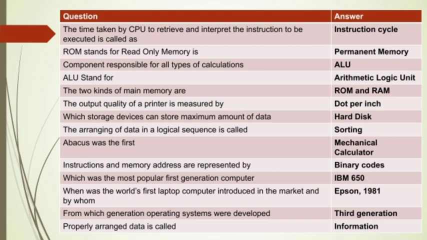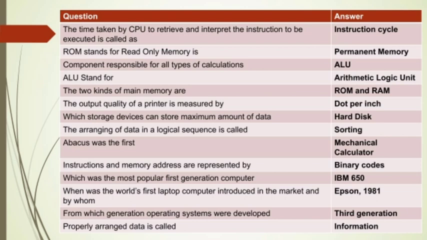Abacus was the first mechanical calculator. Instructions and memory addresses are represented by binary codes. Which was the most popular first generation computer? IBM 650. When was the world's first laptop computer introduced in the market and by whom?